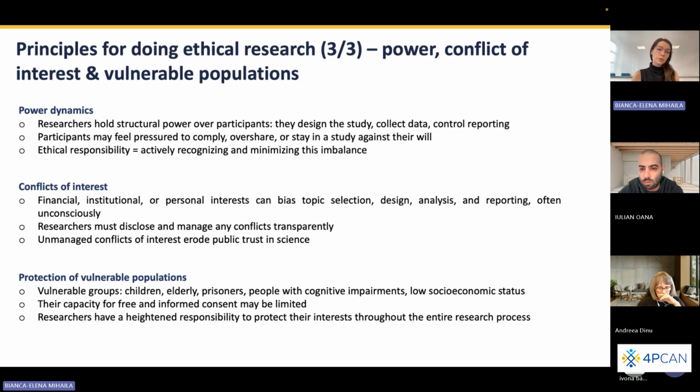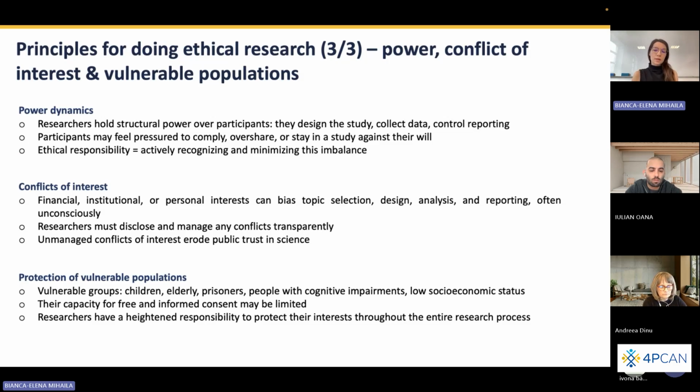Of course, working with vulnerable populations must be done carefully, and you have to take into consideration the fact that some of them may be part of vulnerable groups like children or elderly people or people that have low socioeconomic status.